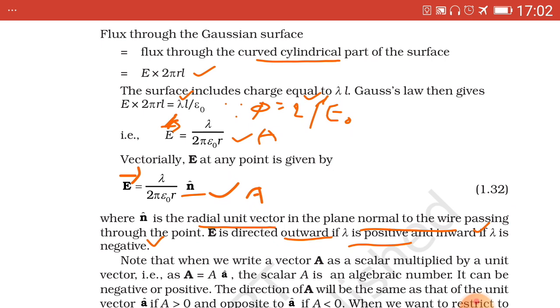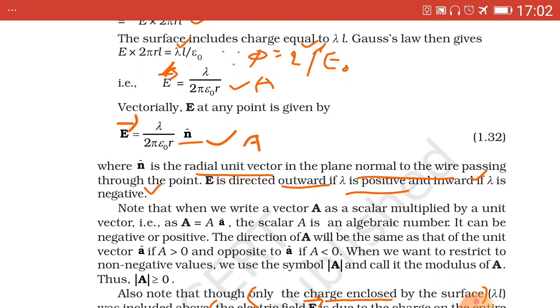In vector form, vector E equal to lambda upon 2 pi epsilon 0 r into n hat. This is the answer which has been tick marked, where n hat is the radial unit vector normal to the wire.